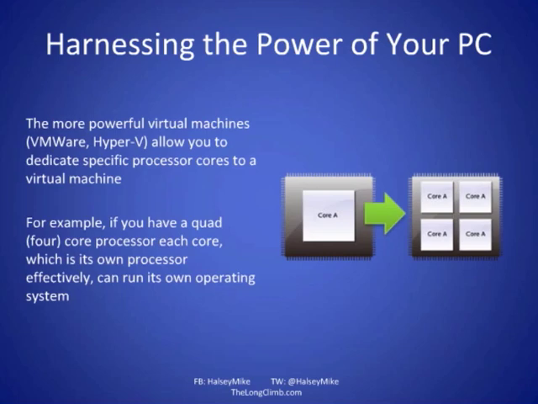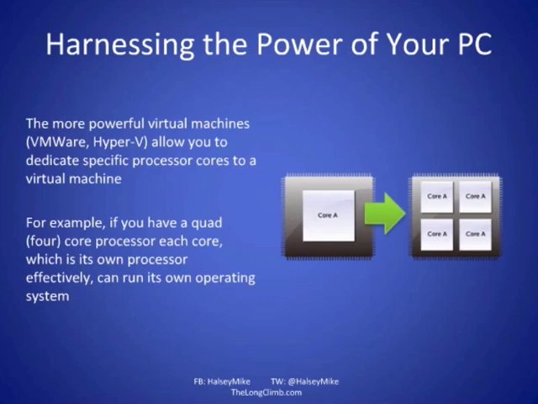Now, if it's not really doing much, you can potentially run 4 different operating systems simultaneously, and they can each have their own core on that processor. You could have 4 gigabytes of memory, for instance, 4 sticks of memory in your computer, and depending on the software you use and how they support the hardware split, it's better with processors than with memory, you can split each one of those memory cards. You can dedicate it to a specific virtual machine.